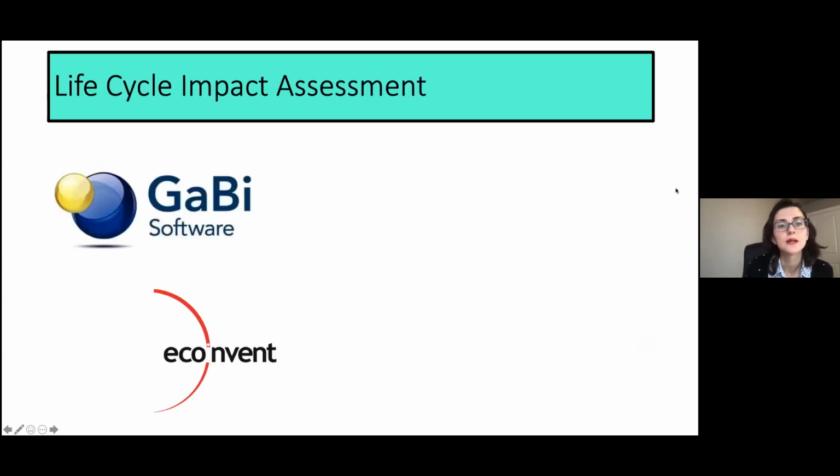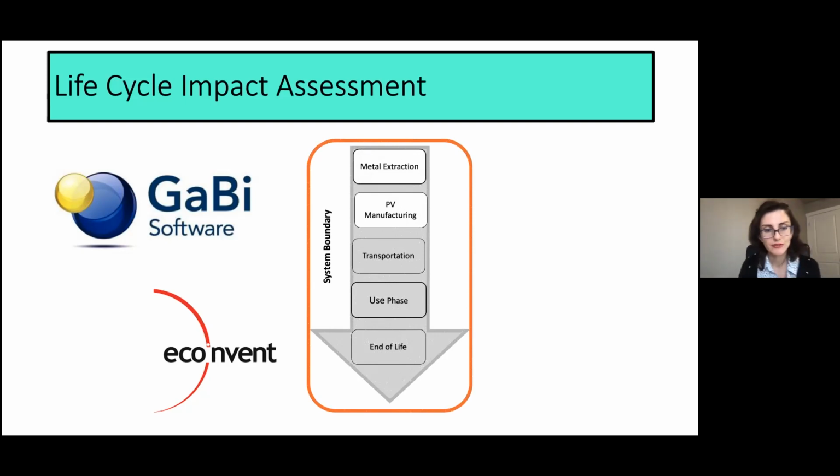Okay, so once we identified our photovoltaic modules, then we need to create the LCA models in our software. My team used GaBi software, and we purchased the Ecoinvent database embedded with this software. Then we have to define the scope of the study.